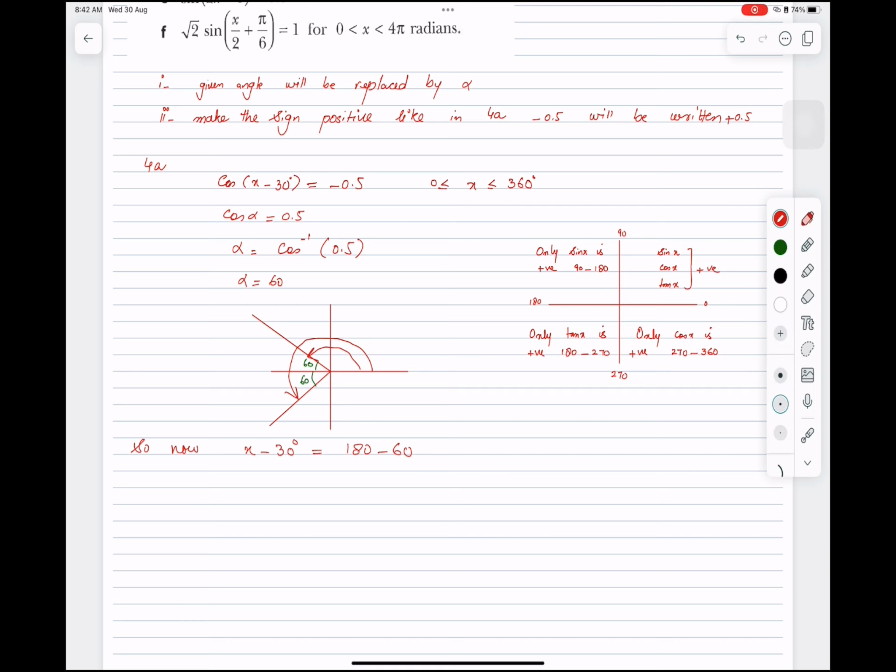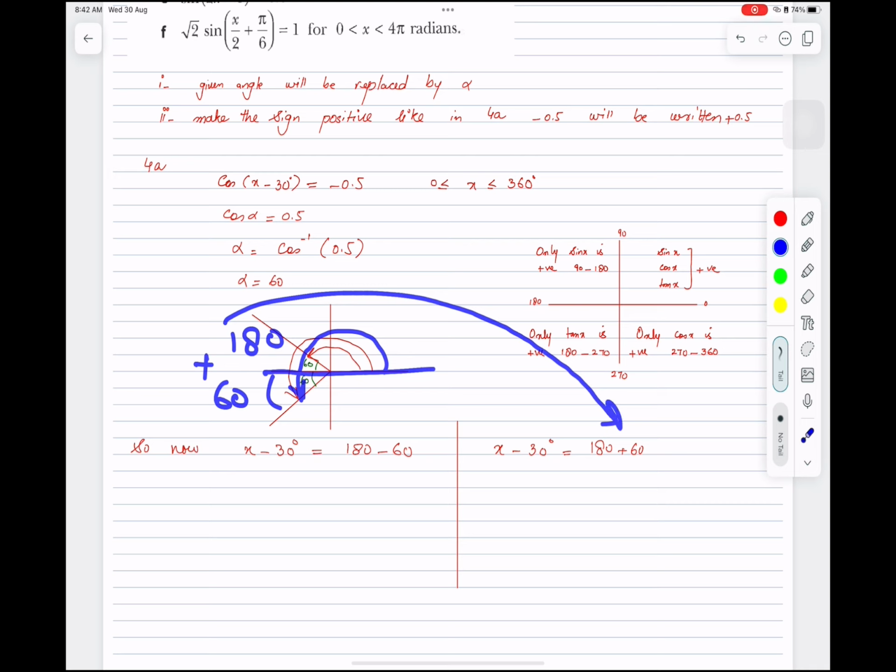This is the reason why we have written x minus 30 on our left hand side. Similarly, the next possibility is x minus 30 degrees is equal to 180 plus 60, because now we need to calculate our angle in the third quadrant.